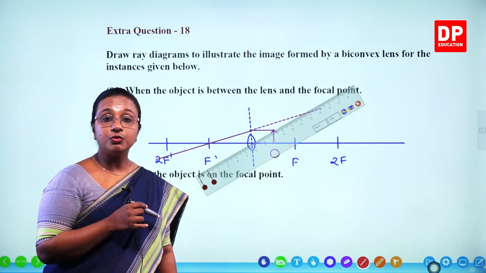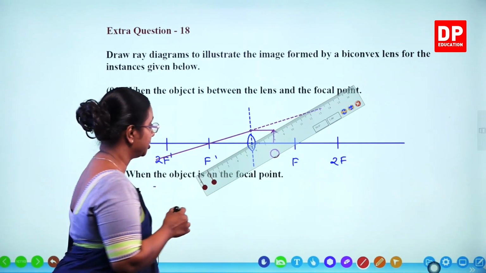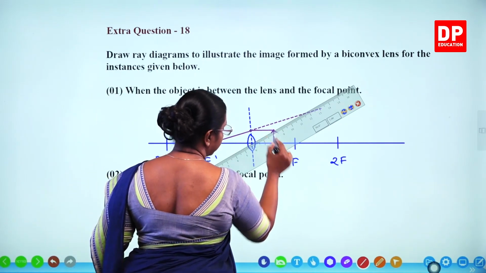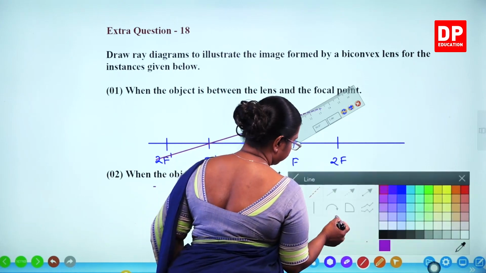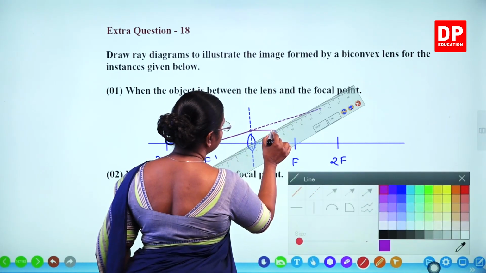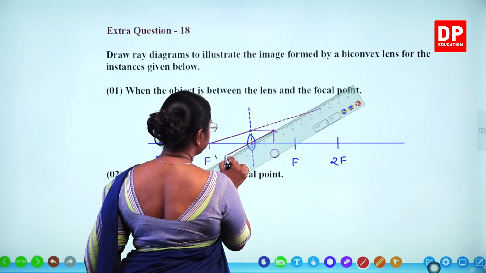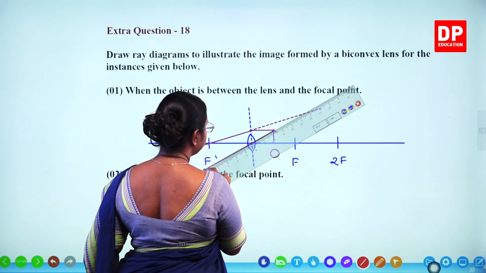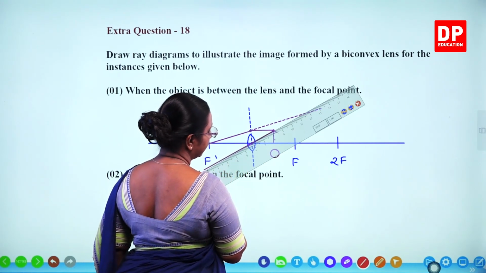It will go through without any change. So the ray coming through the optical center, that will go like that.